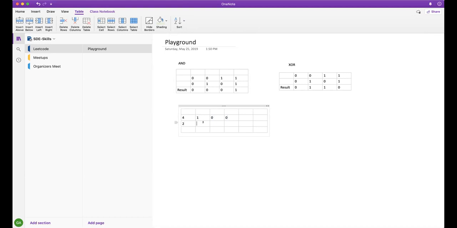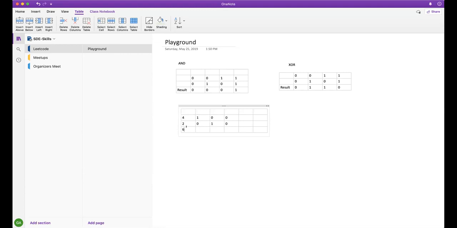What's the representation of 2? 1, 0. I'm ignoring the other bits on the left and just using the bits which are required. So what should be the result if we are adding? 6.